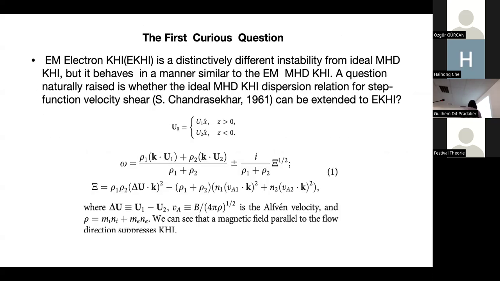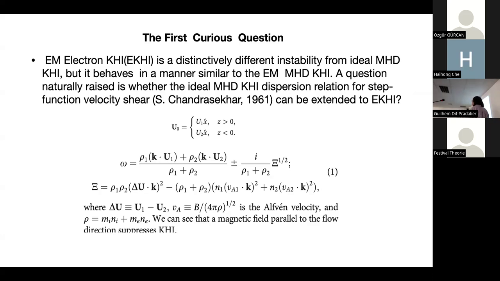In space, because we didn't have a theory about the electron scale Kelvin-Helmholtz instability, in space observations most people found the electron Kelvin-Helmholtz instability to be similar to the MHD one. So people were curious to ask the first question: whether the ideal MHD Kelvin-Helmholtz dispersion relation for step function velocity shear, the first analytic dispersion relation derived by Chandrasekhar in 1961, can be extended to electron scale Kelvin-Helmholtz instability.